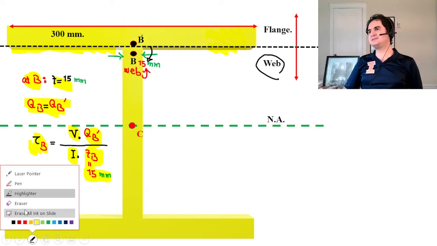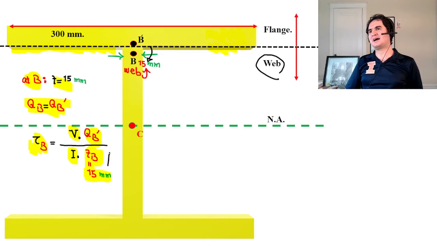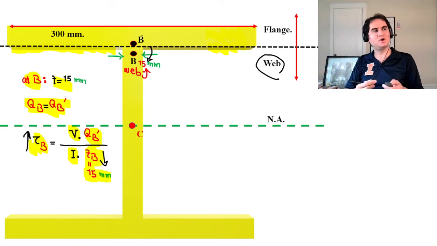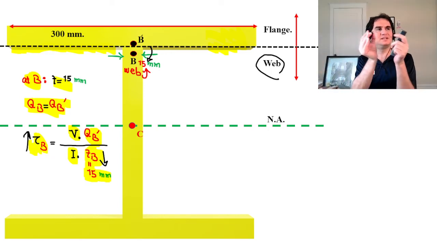We can easily expect a much higher shear due to the reduction in thickness from flange to web. The flange is wide, coming down to a thin web.